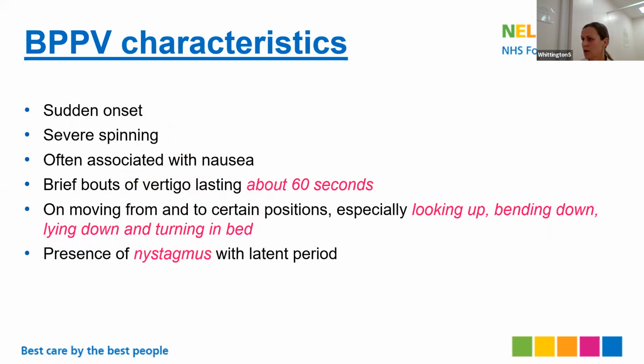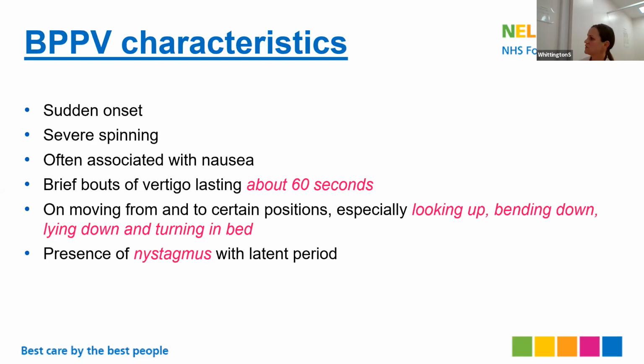The vertigo lasts about 60 seconds, not much longer. So this is the time it takes for this otoconia to settle down in the fluid again, and then to stop stimulating the hair cells. And for BPPV, the most aggravating position, or what patients will report, are looking up, bending down, lying flat, and turning over in bed.